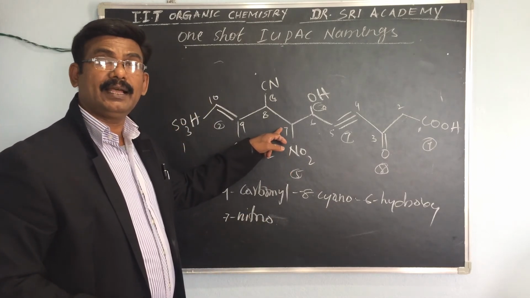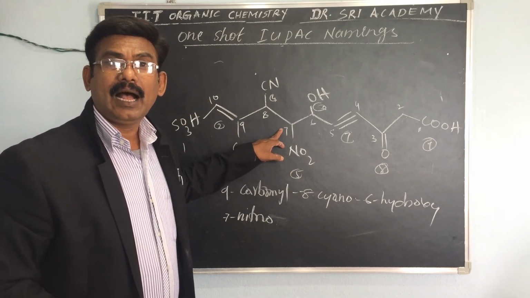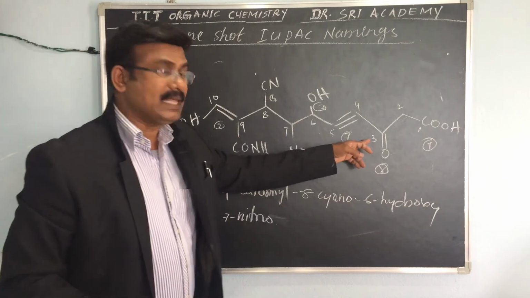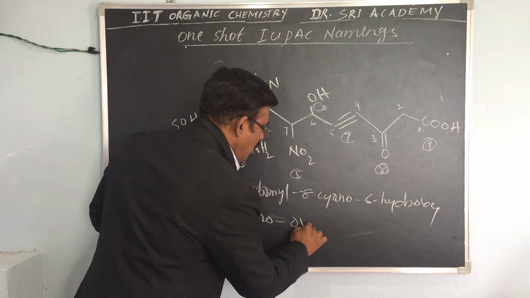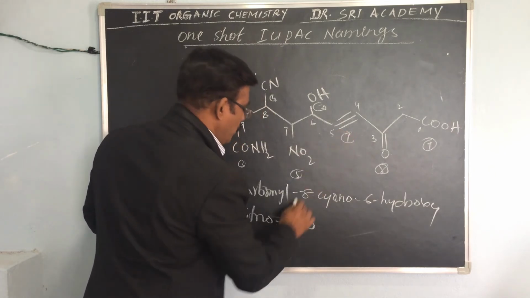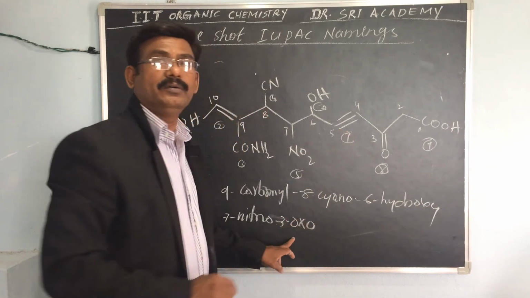The nitro position is at the 7th carbon atom. The keto compound is the oxo; after nitrogen, oxygen will come. At position 3 is the 3-oxo.